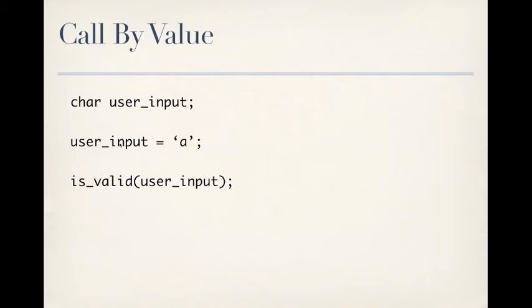We are assigning a, so the character a, to this variable, and then we are calling is valid and hand over user input as a parameter. So what is going on here?